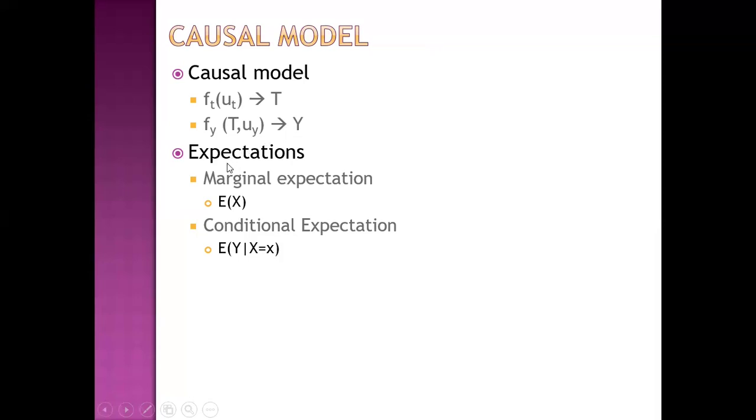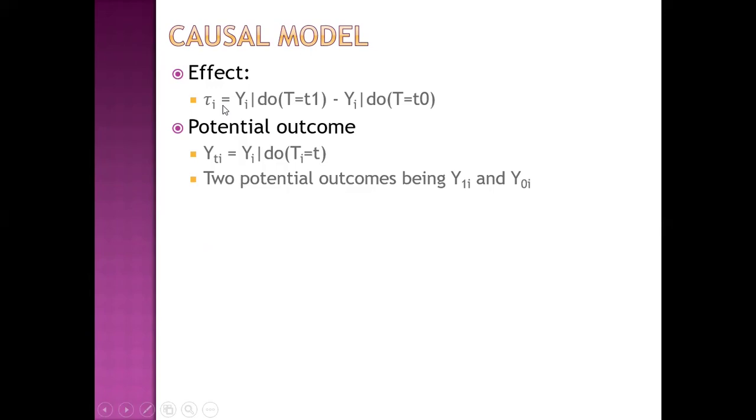Expectation is written as follows: marginal expectation is E[X], whereas conditional expectation is E[Y given X equals x]. Effect is equal to the outcome variable for unit I which has received treatment minus the outcome variable of unit I which has not received treatment.